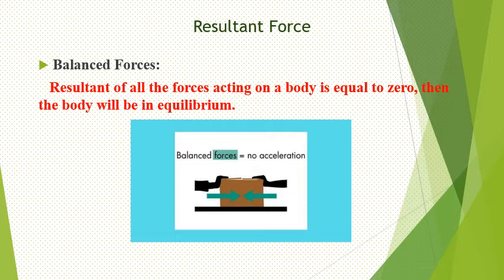When more than one force acts on a body and the resultant is 0, just look at the picture: we are giving more forces but the body does not move. It is in equilibrium, the same position, no changes, no movements. So that is called a balanced force. Resultant force is always equal to 0.